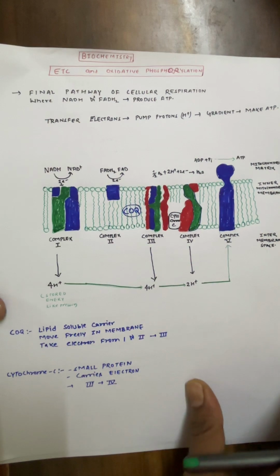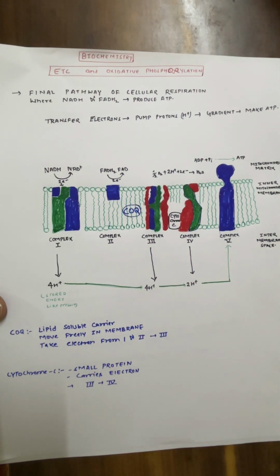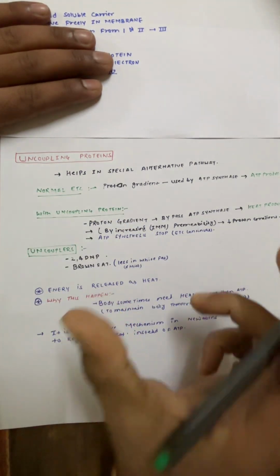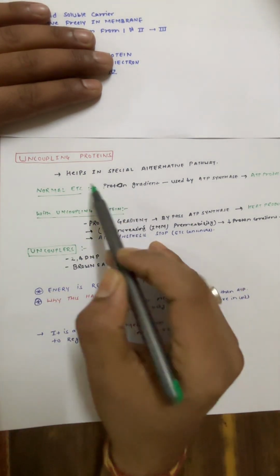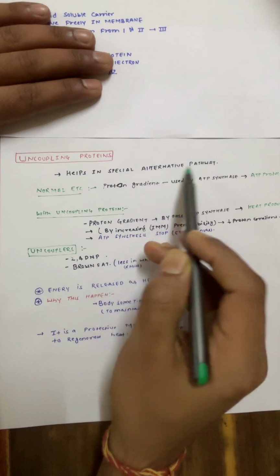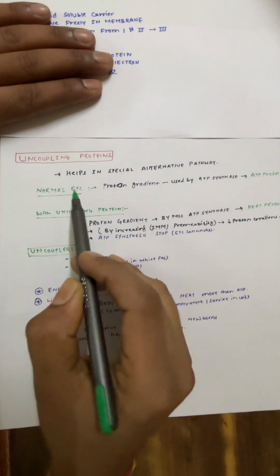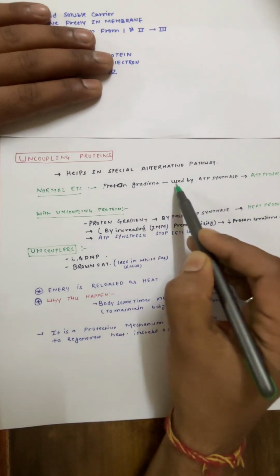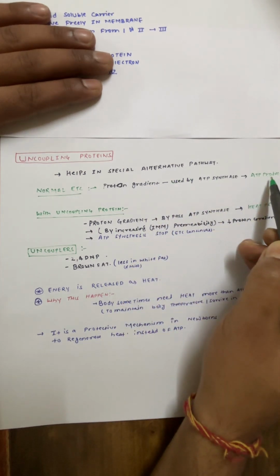Now in this part we'll talk about uncoupling protein. This is a very important concept in oxidative phosphorylation, as it helps in a specific alternative pathway. Normally in ETC, a proton gradient is created and used by ATP synthase to produce ATP.